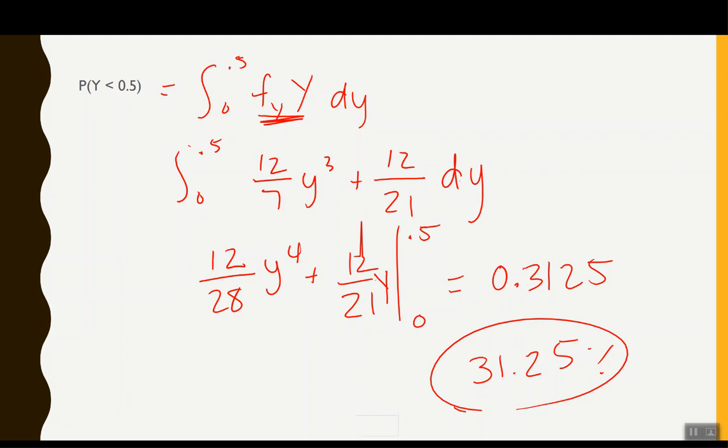Sorry, let me rephrase that. So 31% of the time, if we were to go in there, there's a 31% chance that our drive-through would be being used, which is pretty good. Not a bad situation to be in when you want to go to McDonald's. It's not a bad probability that it's being used or not.